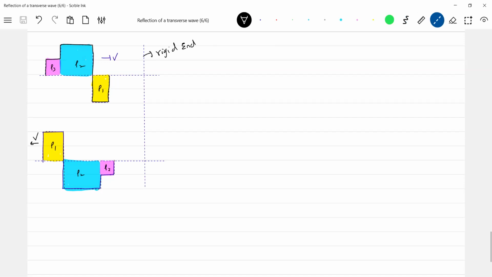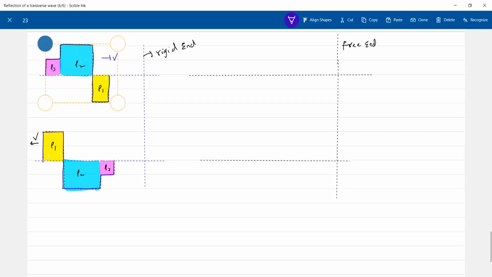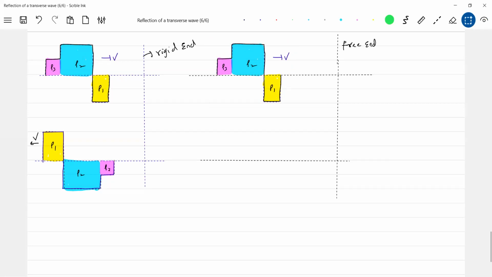Now, similarly, the same pulse, let it approach the free end. First, we will strike the free end, the P1.